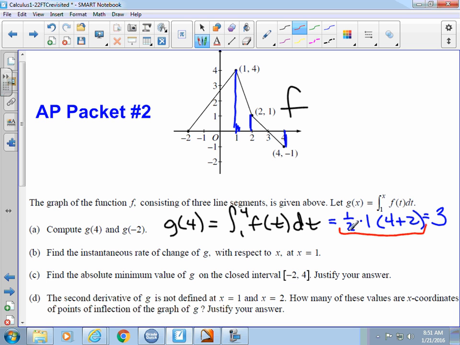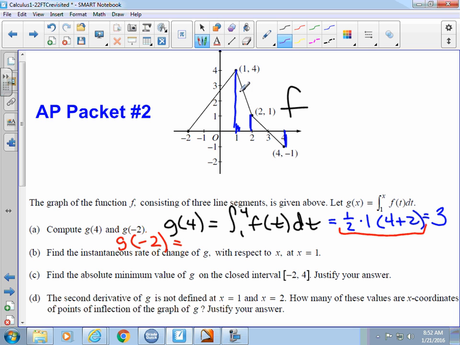So there is a very good argument for not simplifying. I'm going to do it for now just for multiple choice practice, but at some point you're going to start practicing for AP not simplifying things like that, just for safety purposes.